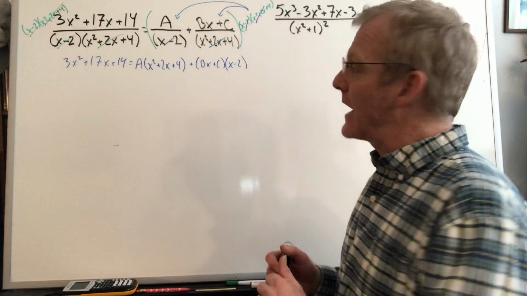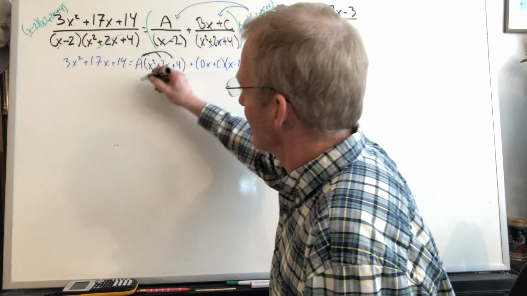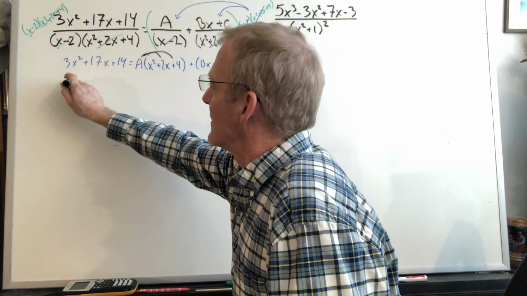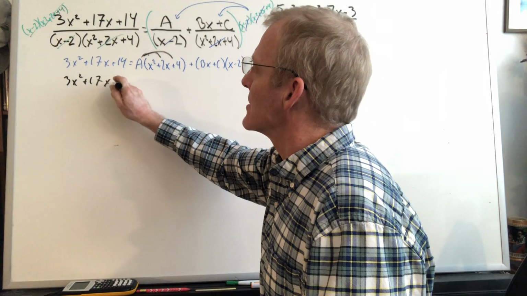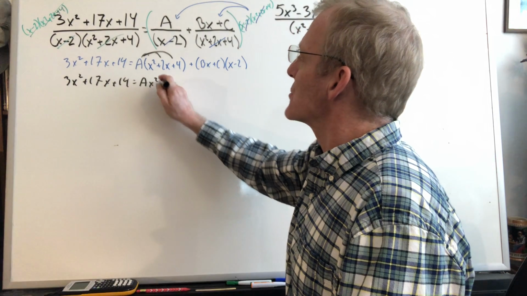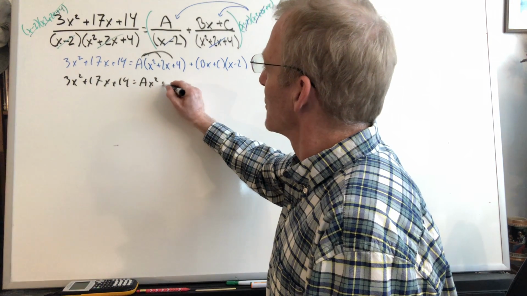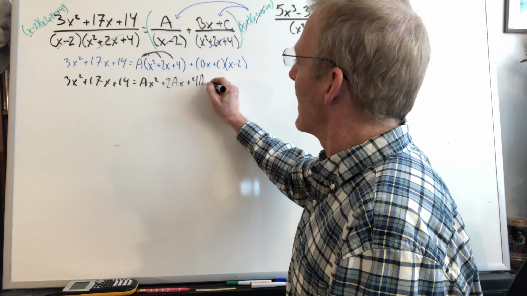Now, we have to simplify like before, and we're going to solve it. And that's basically what's going to happen now. So here I'm going to distribute in the A, and I still get my 3x squared plus 17x plus 14 equals Ax squared plus 2Ax plus 4A.